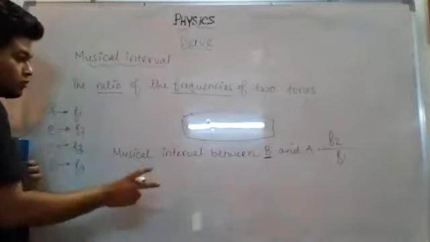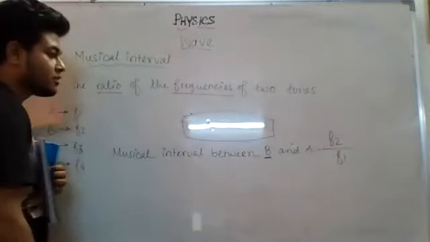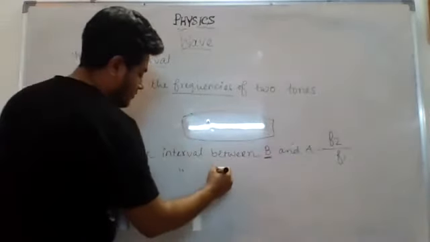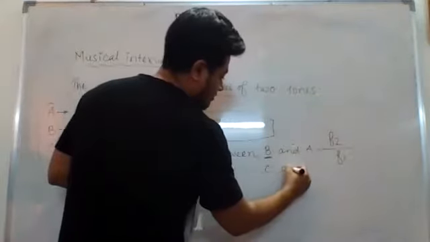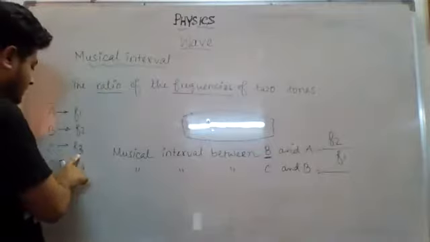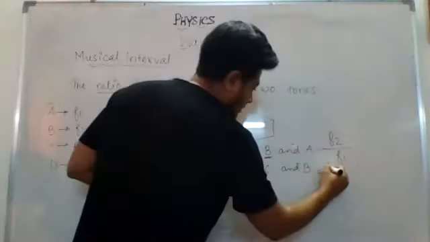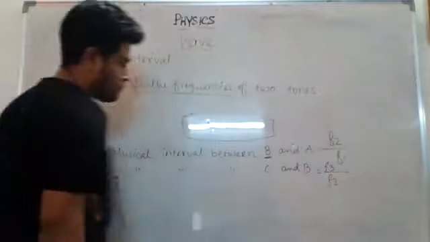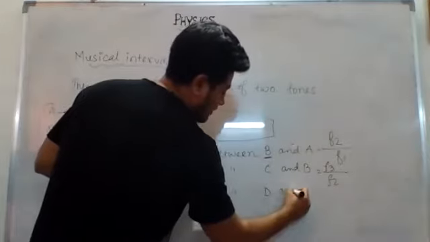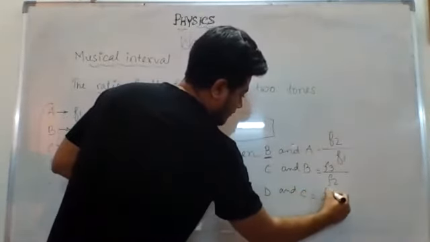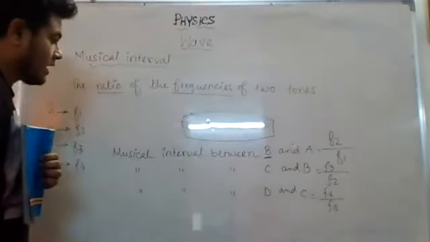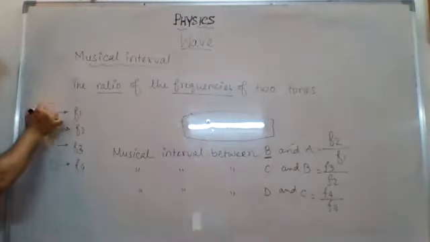So A and B are two tones. If I want to find out the musical interval between them, I will just take the ratio of the frequencies. In the similar manner, if I want to find out the musical interval between C and B, the frequency of C is F3 and B is F2, so it will be F3 divided by F2. And similarly, for D and C, it will be F4 divided by F3, isn't it?